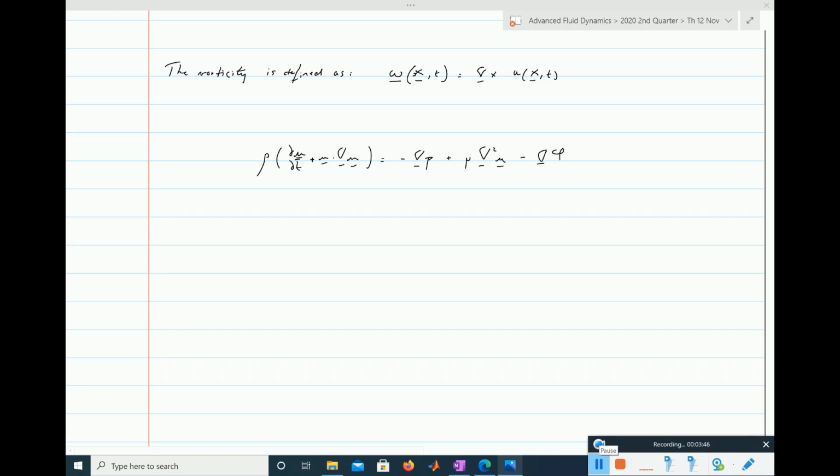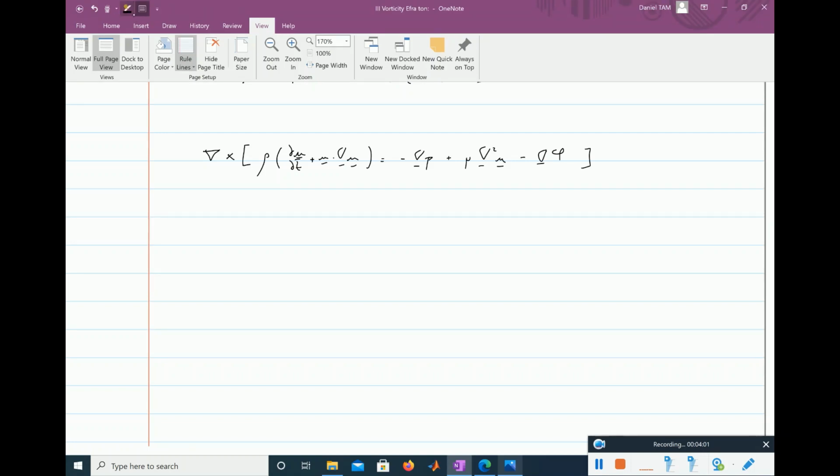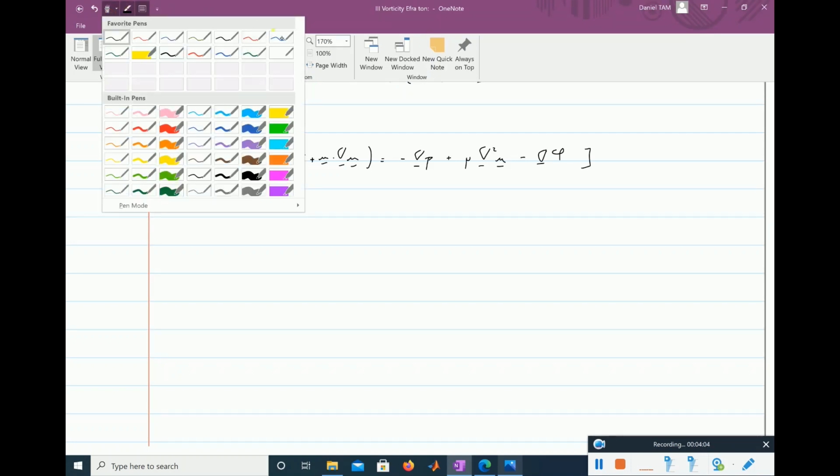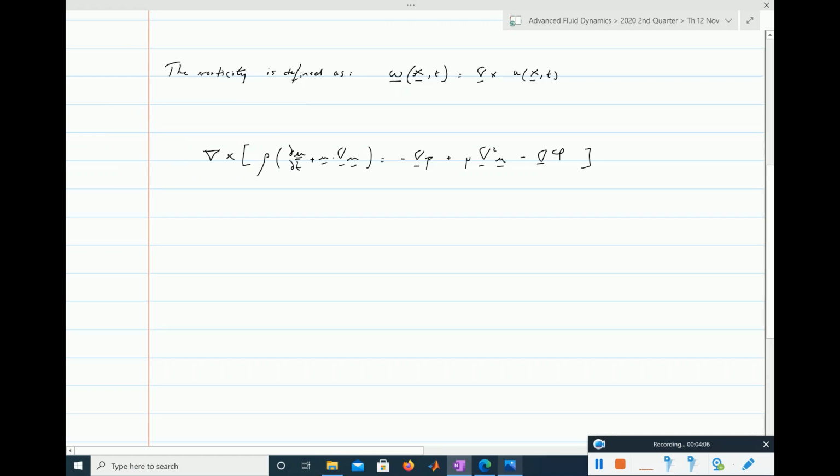And so if you want to have an equation for the vorticity, then it makes sense to simply take the curl of this equation. We're going to look at every single one of these terms and see how they are transformed: the partial u term, the u grad u term, the pressure term, the viscous term, and the body forces.